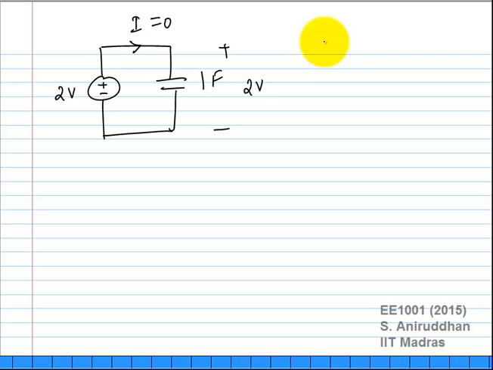KVL and KCL, as far as we are concerned, are inviolable. So as soon as you turn this on, KVL has to be satisfied. So the voltage across the capacitor is 2 volts immediately. If you had some other element, some other resistance, for example, this will no longer be true.